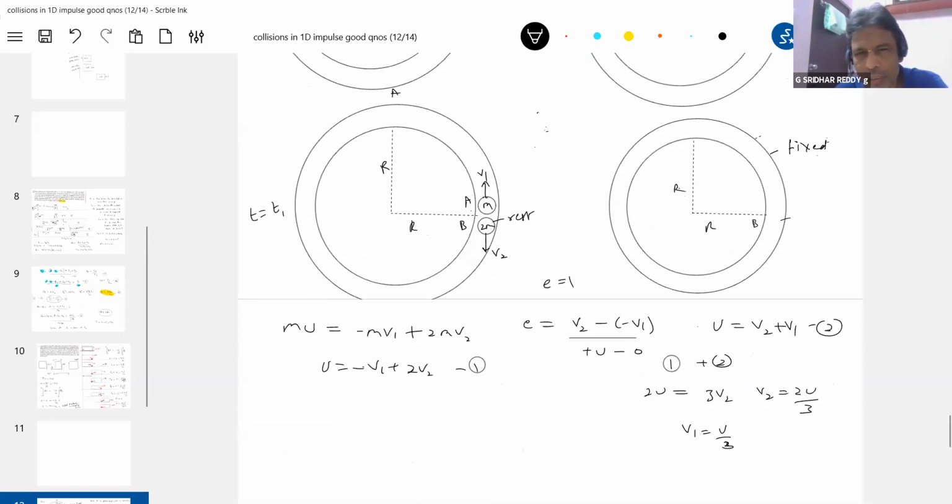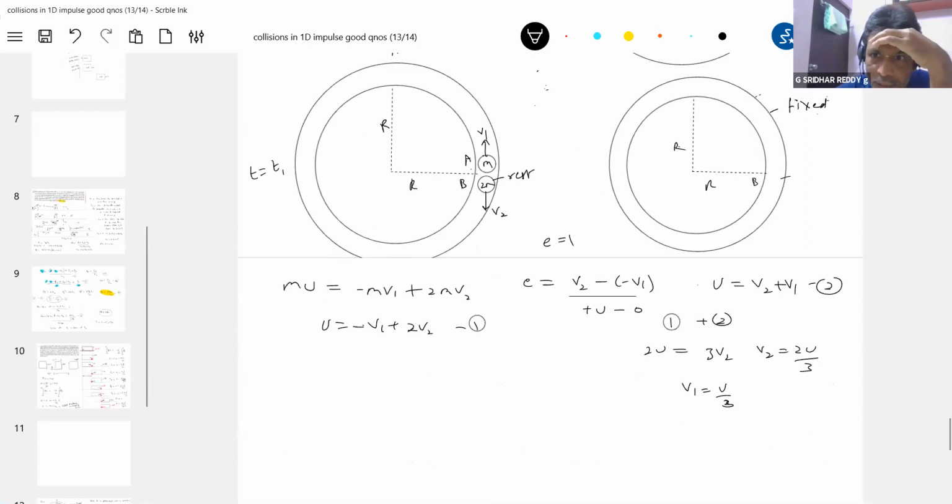Go back to the circular motion concept. Let them collide somewhere at some position. I don't know, somewhere here they're about to collide.